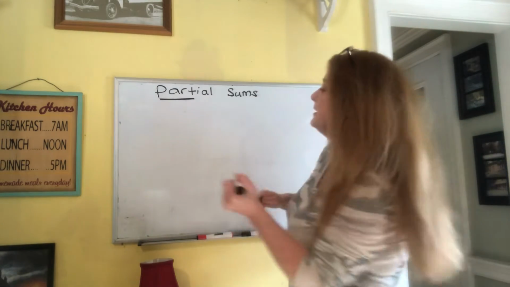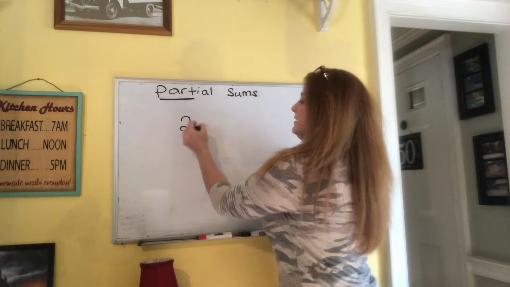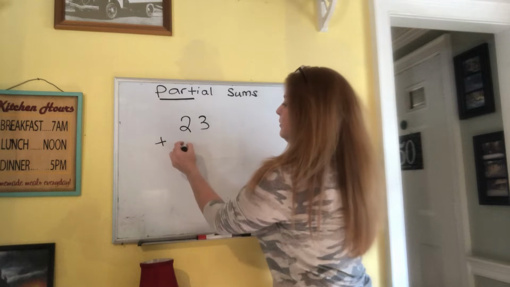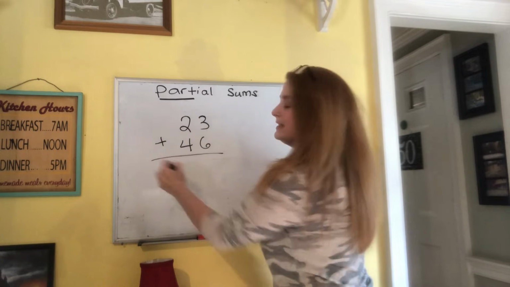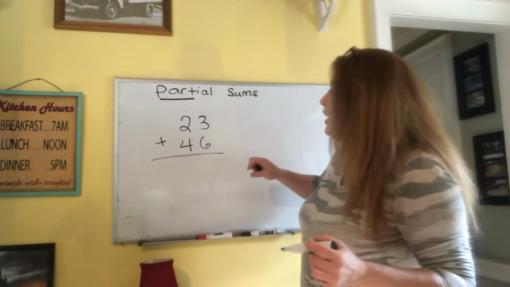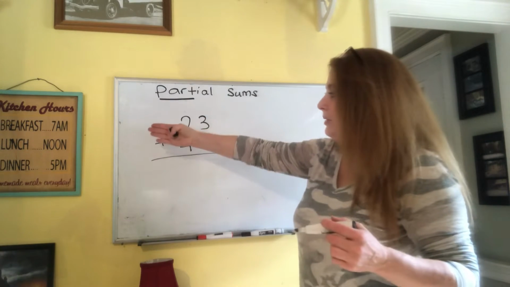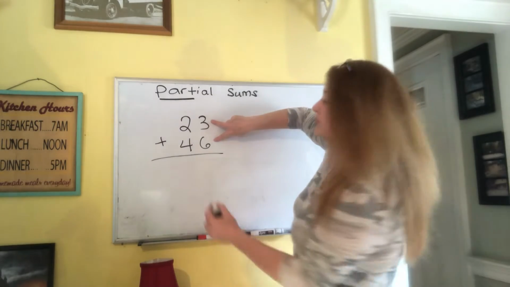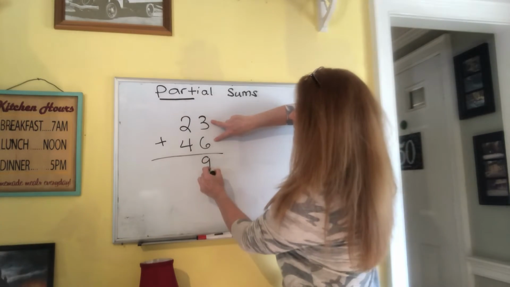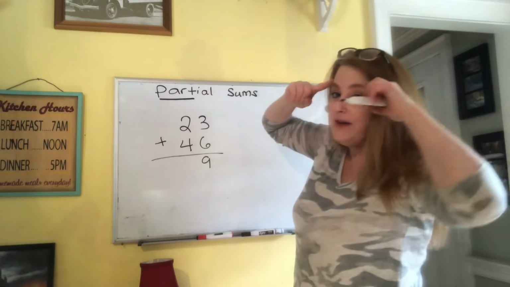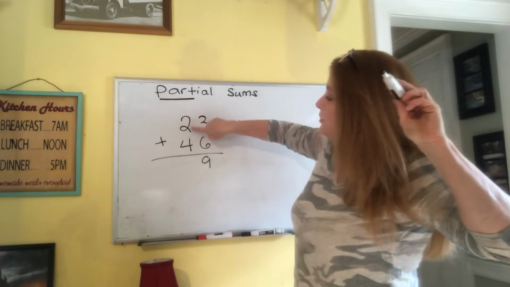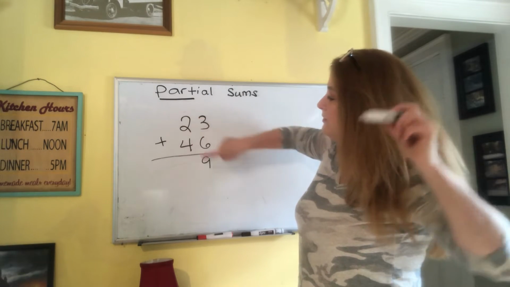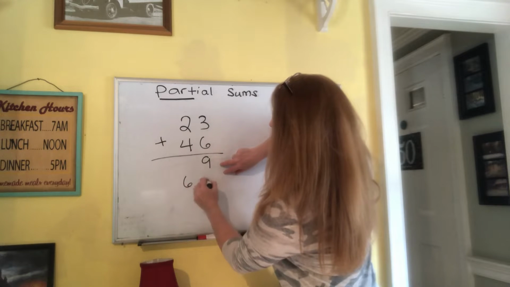We did this with numbers in the tens digits. So for instance, we did numbers like 23 plus 46. And before we started just regrouping, we found the partial sums. So we would do 6 plus 3 is 9. And then if you recall, we would have to think for a minute that it's not 2 plus 4, it's 20 plus 40, and we would write 60.